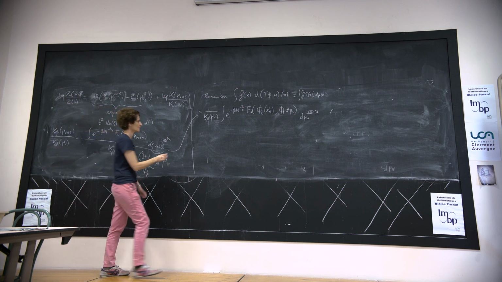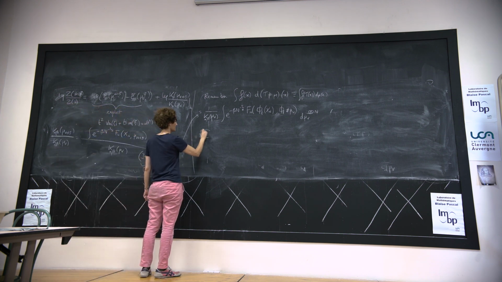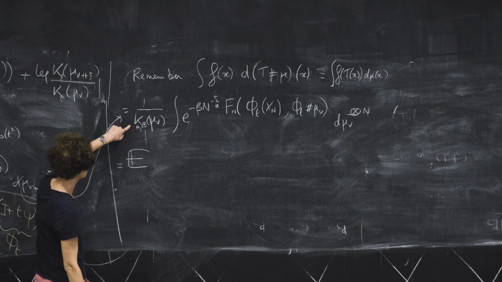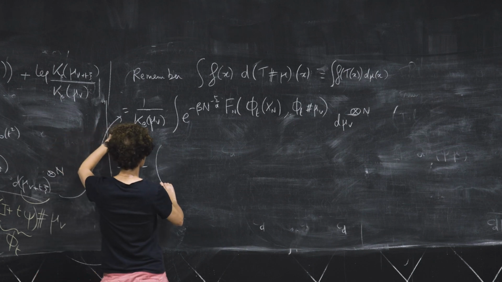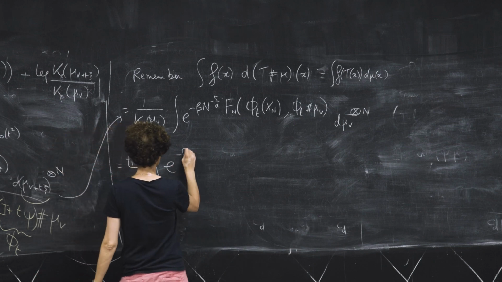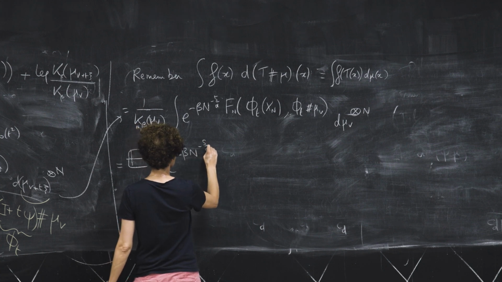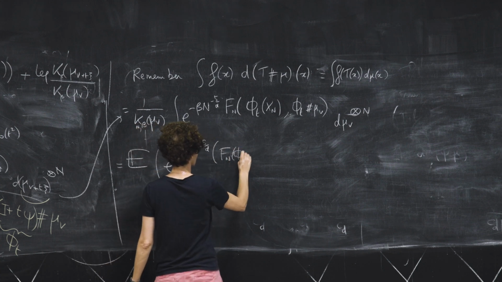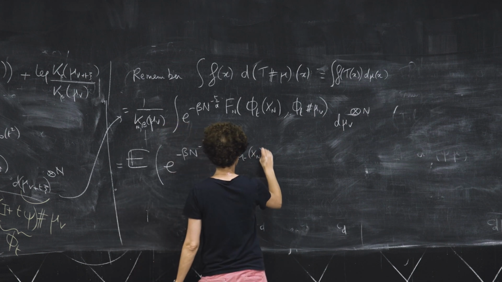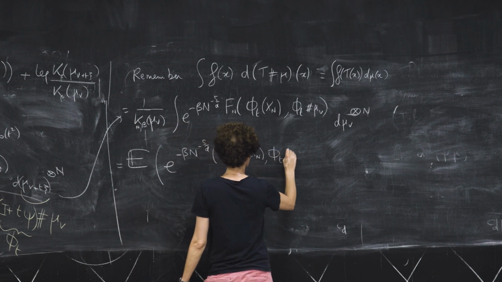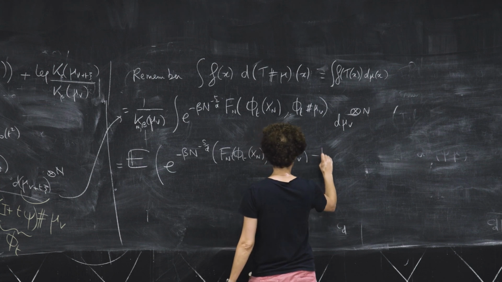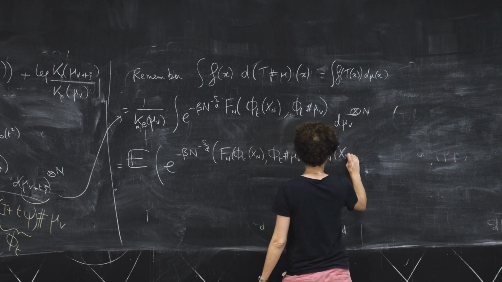And now I claim I can rewrite this as an expectation because I have 1 over the partition function. So it's the expectation of e to the minus beta n minus s over d, and I can put here fn of phi t of xn, phi t push forward mu v, minus fn of xn, mu v.